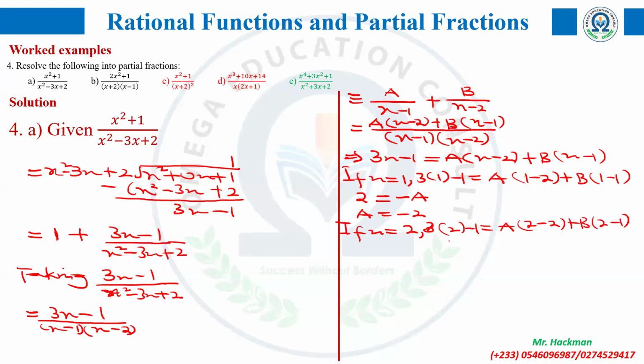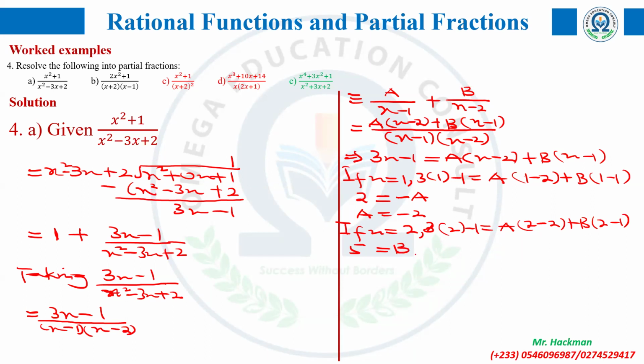At this point, 3 times 2, 6 minus 1, so 5, should be equal to A. This will go because that's what contains that factor that you set to 0. Then this will give you 2 minus 1, 1, times B, so B. So here you have your value of B straight away.